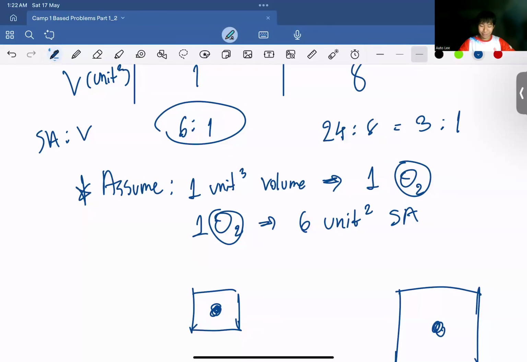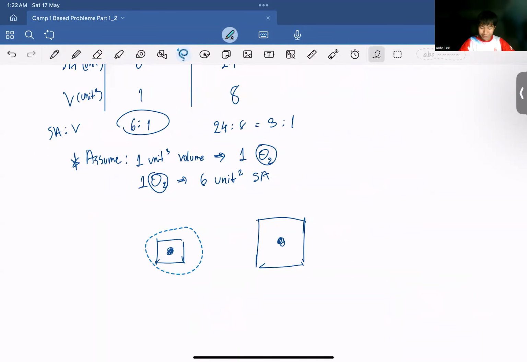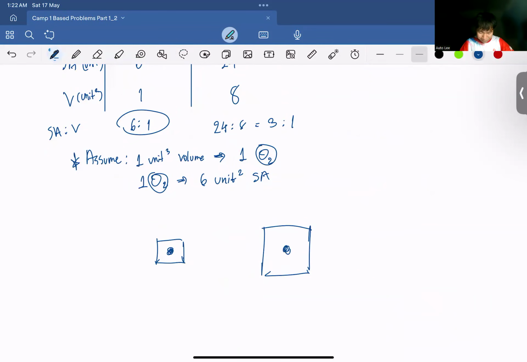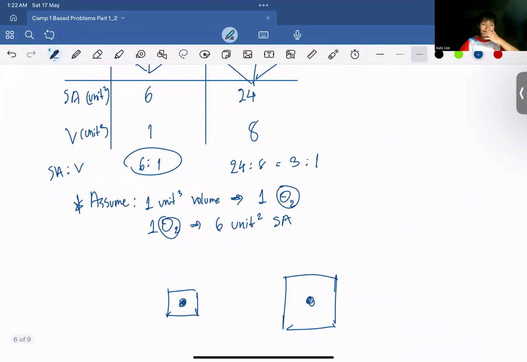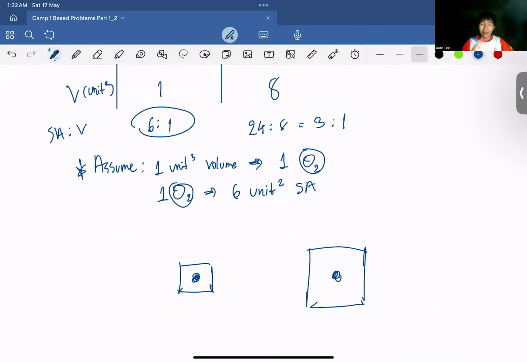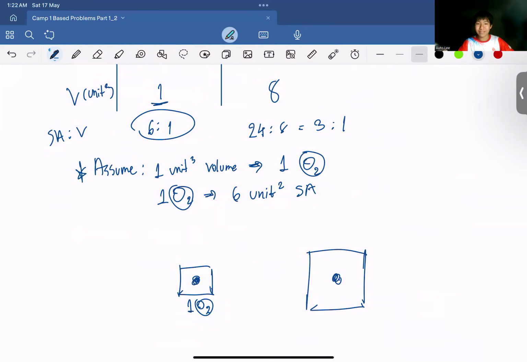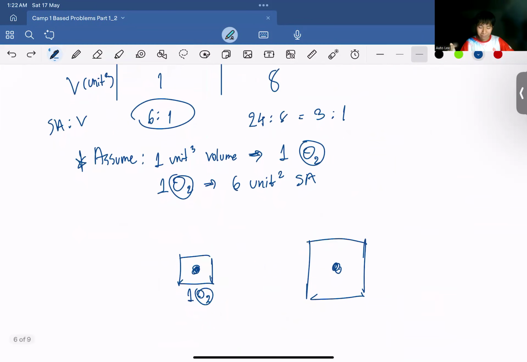Now, this is where it gets spicy. So, our little cell here, from this table right here, requires one oxygen chunk, since it has 1 unit cubed of volume.